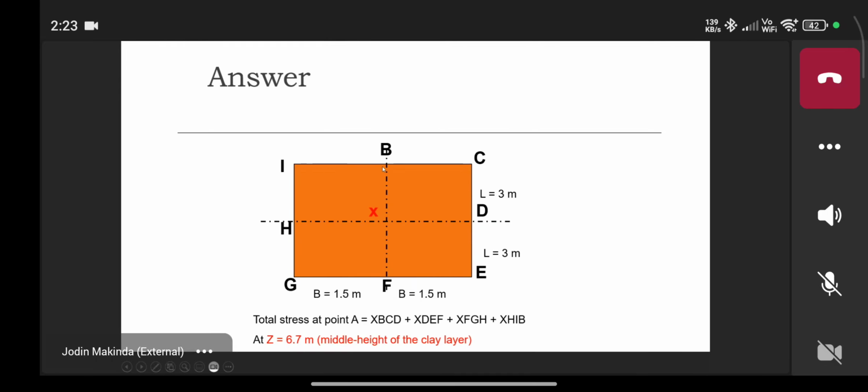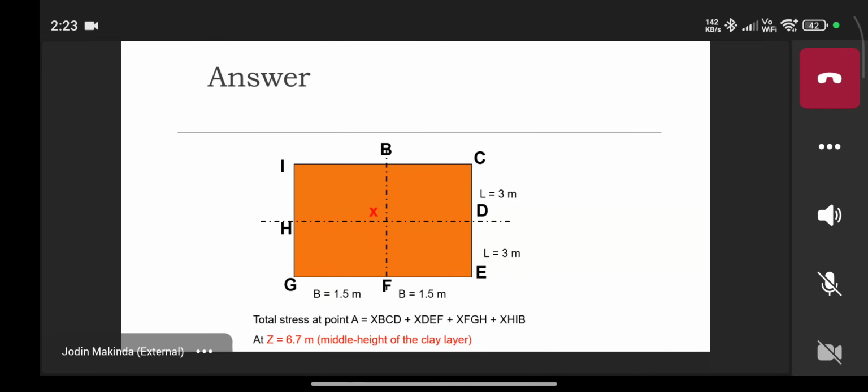So we calculate one by one of the 4 squares. What is the stress at IBXH? What is the stress at BC, DX, XDEF, XFGH? And we total up the stress at this point as your additional stress.